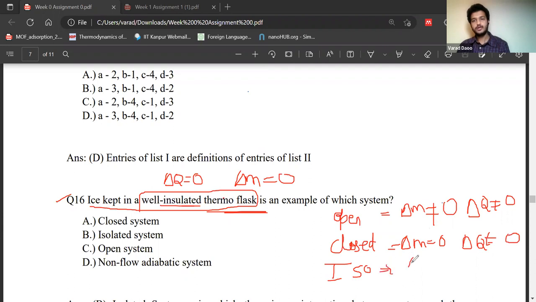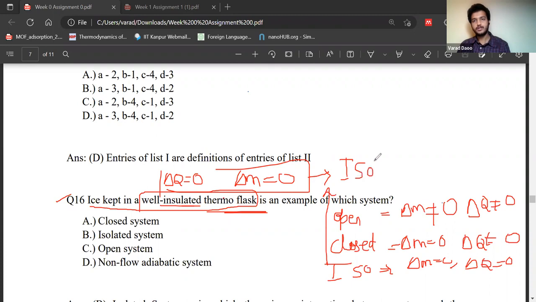Isolated would mean delta M equal to 0 and delta Q equal to 0, right? So this is matching with the isolated system, with this definition. So here we are having isolated. So the correct answer should be option B.